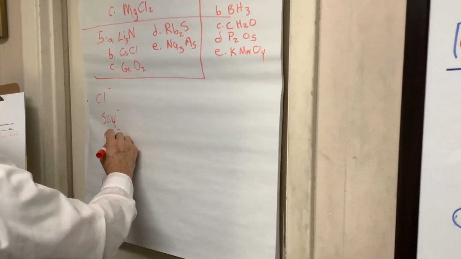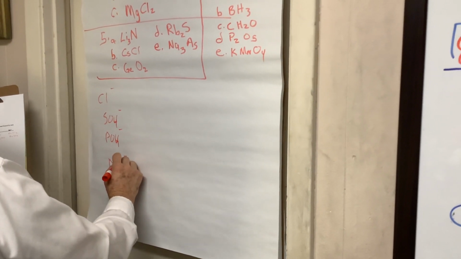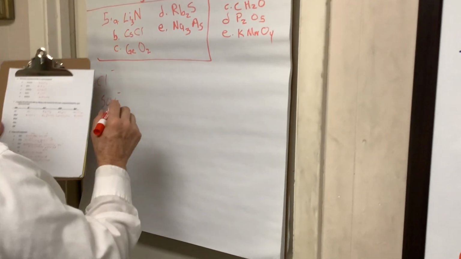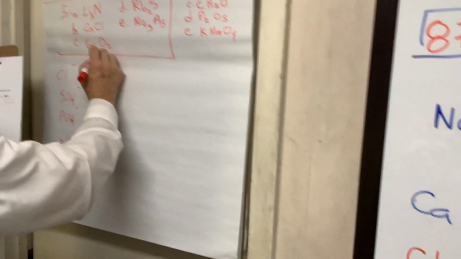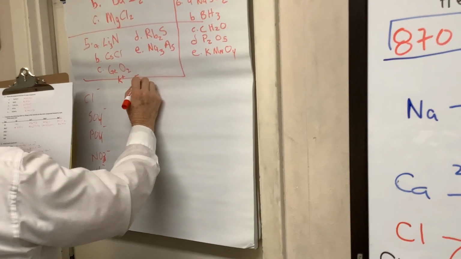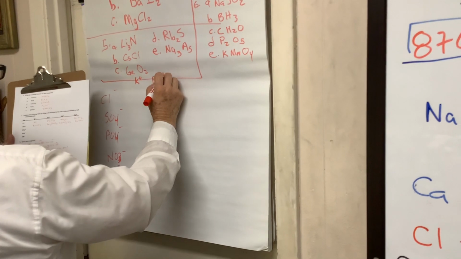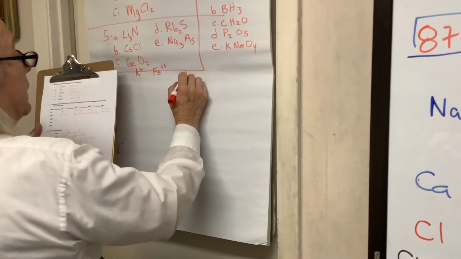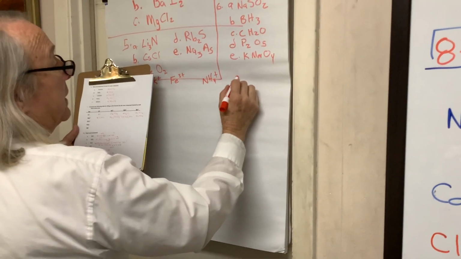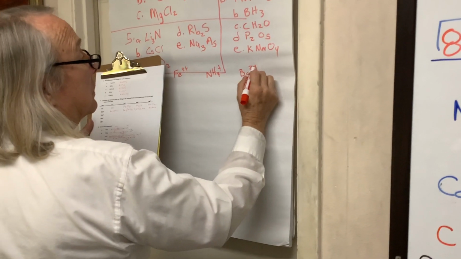This is a subscript 4. Sorry, I did not write them neatly. This is a subscript 3. I'll write them more neatly when we do them. And it says pair them with potassium, 1+, iron 3, 3+, ammonium ions, NH4+, and barium ions, 2+.